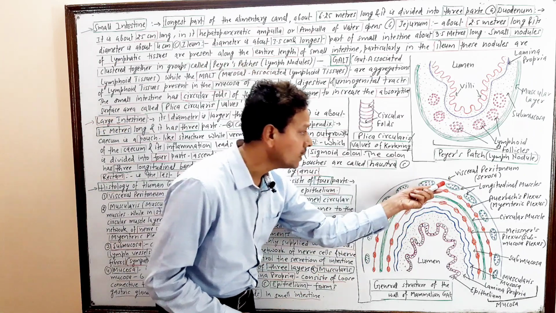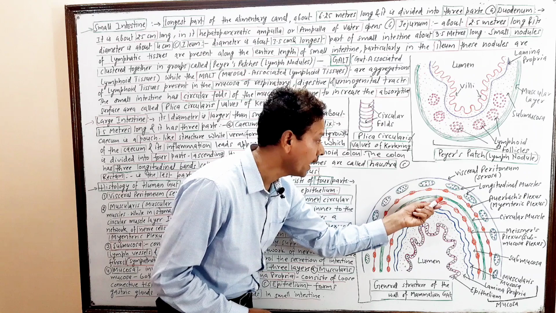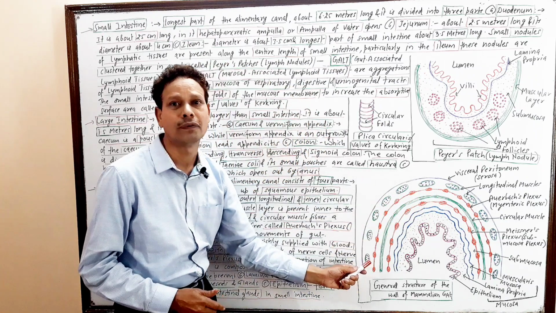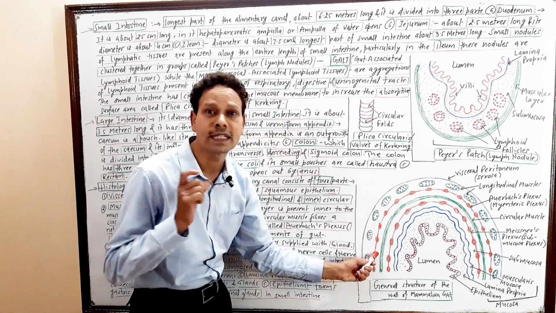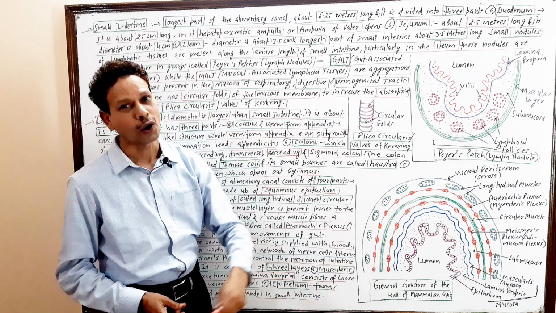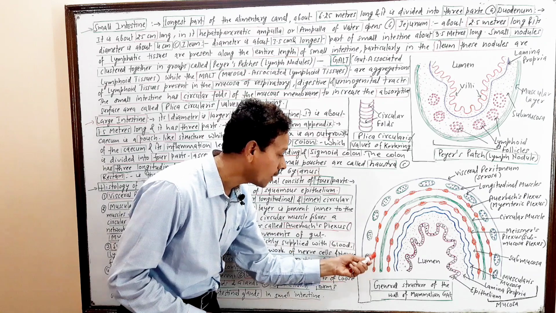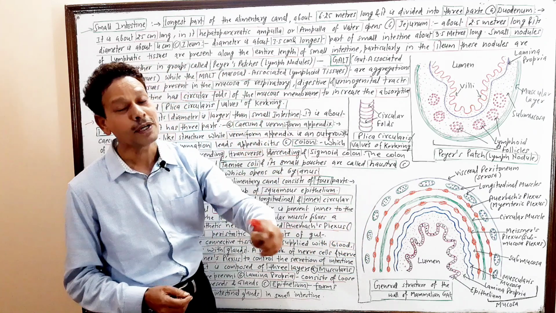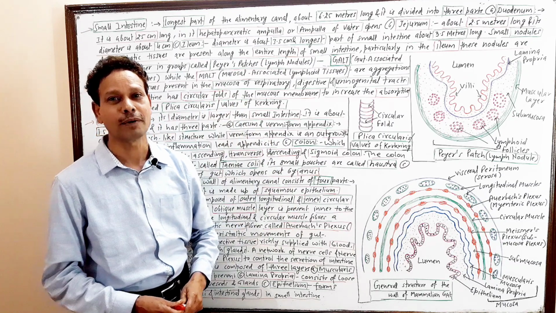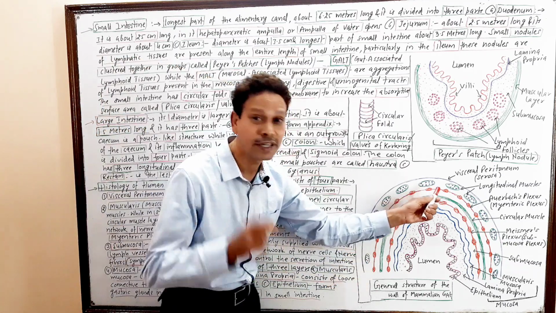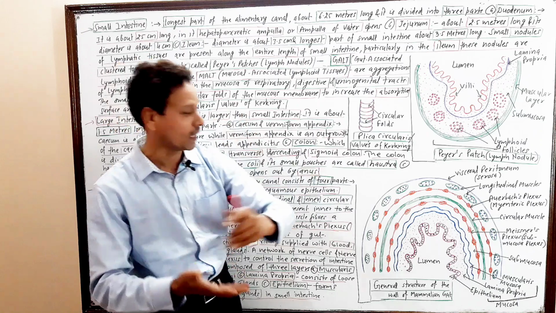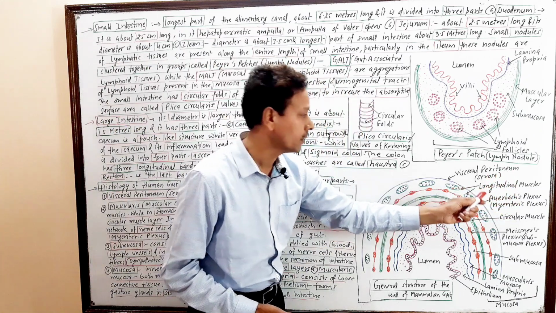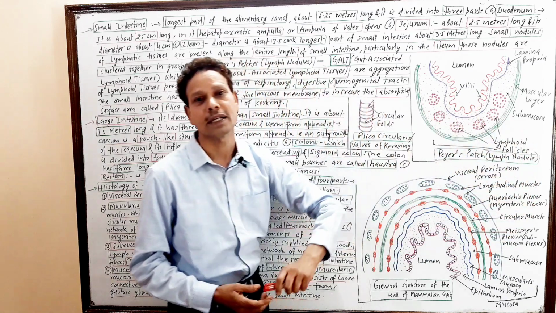Between the longitudinal muscle layer and the circular muscle layer, there is a network of nerve cells and nerve fibers. Note, NEET students, these nerve fibers are parasympathetic nerve fibers, and this network is Auerbach's plexus, or myenteric plexus.